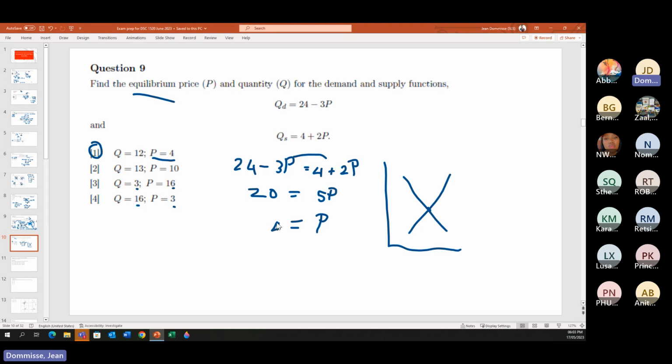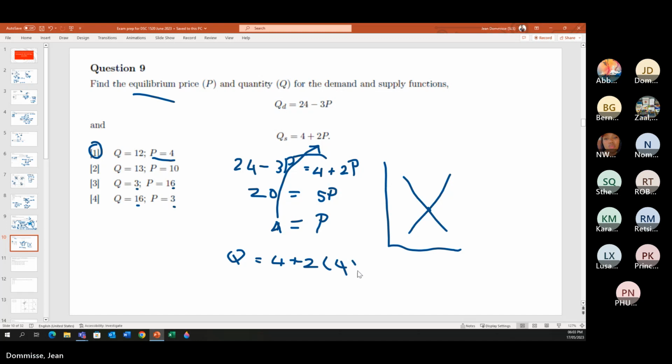If there was another one where it was 4, I would just put the 4 back into that formula, so that your Q is equal to 4 plus 2 times 4, which is 4 plus 8, which is 12, which then does correspond to that as well.